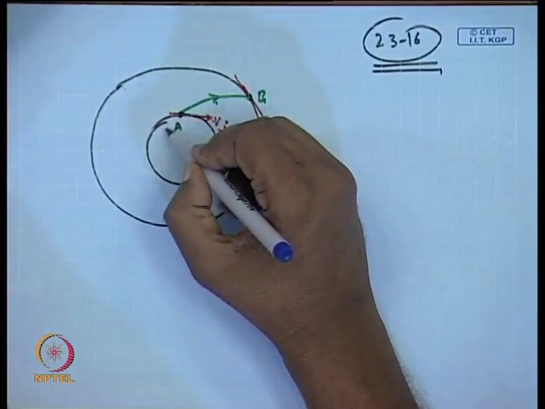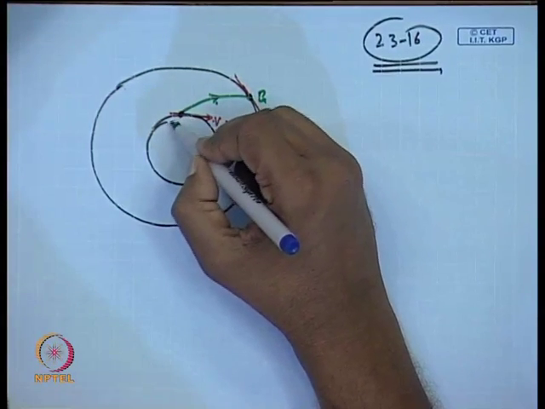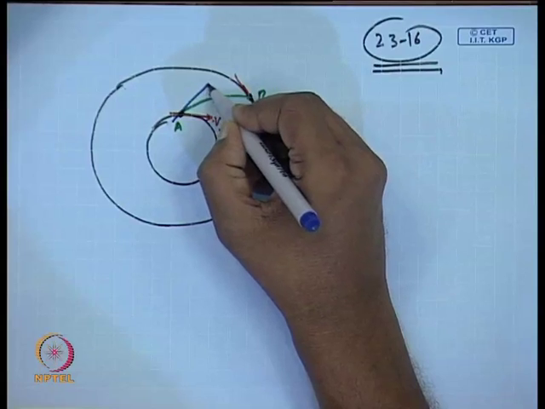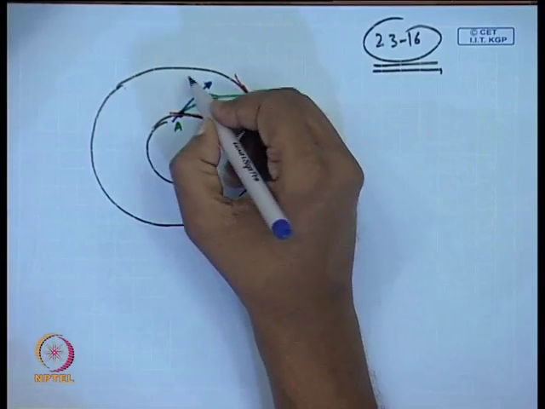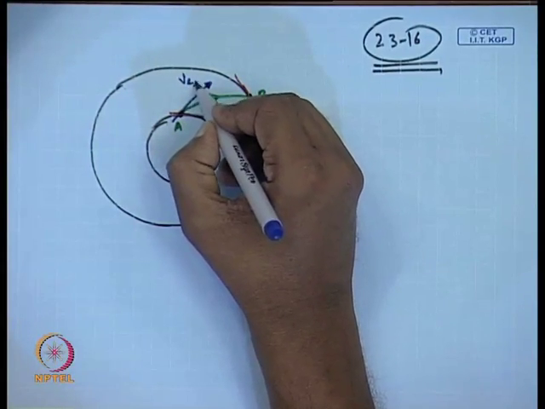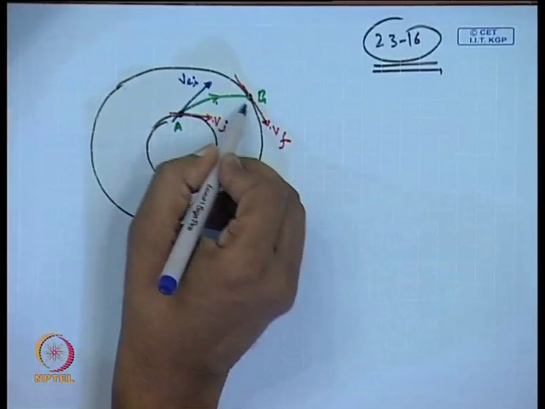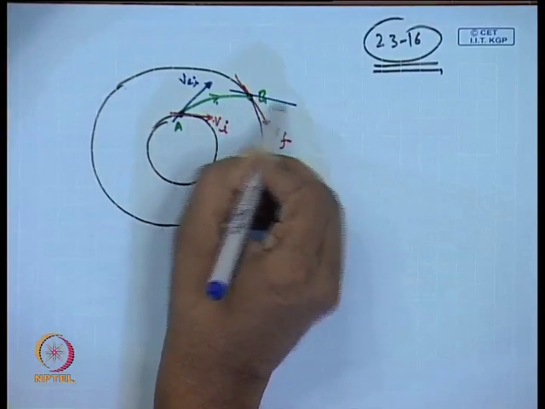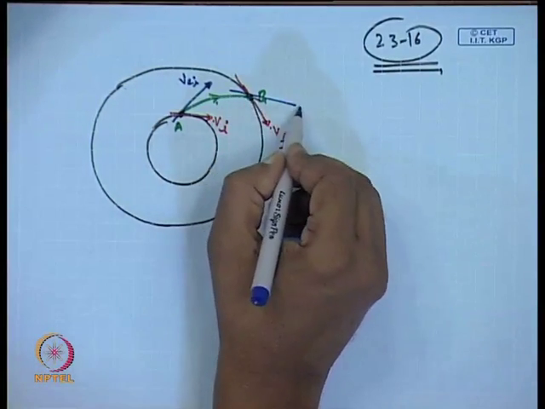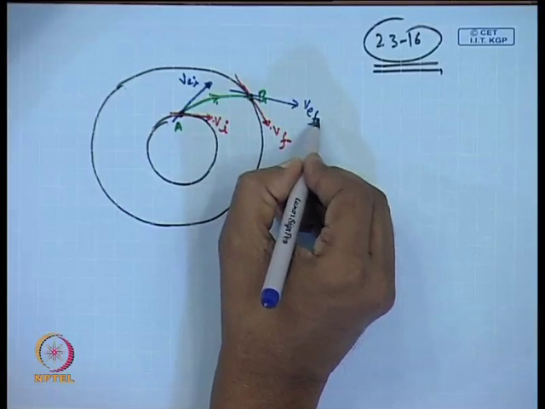here again the velocity in this elliptical orbit will be written as V I, and here in this place it will be tangent to this orbit, and this is let us say V f.